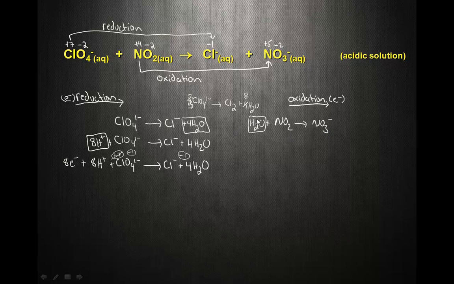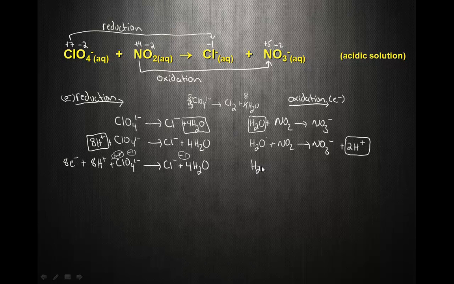Well, I've added my 2 H pluses, so I'm just going to rewrite this like I did before. Plus NO2 makes NO3 minus. And what I need to do now is I need to balance my hydrogens by adding H plus, just like that. So I've added the H plus on this.